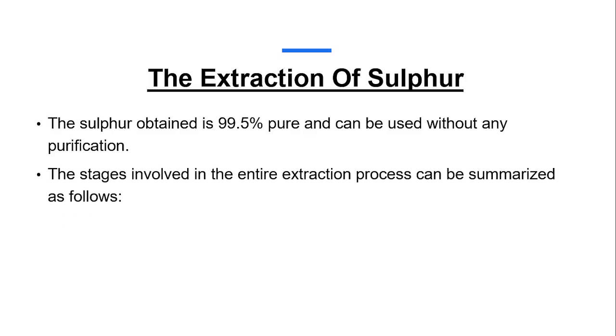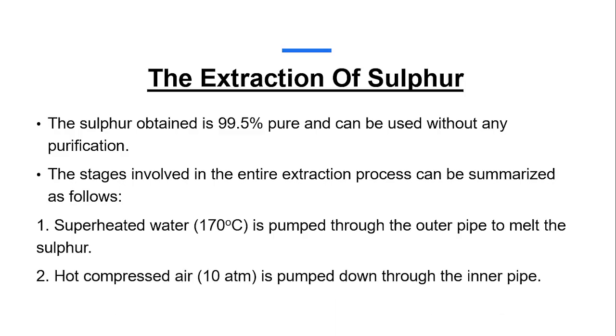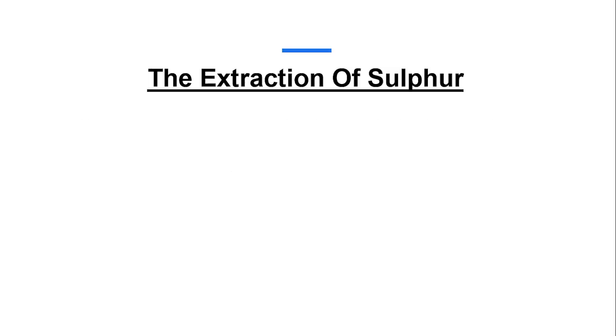The stages involved in the entire extraction process can be summarized as follows. These stages illustrate what happens until you obtain the sulfur. First, the superheated water at 170 degrees is pumped through the outer pipe to melt the sulfur. Then the hot compressed air at about 10 atmospheres is pumped down through the inner pipe.